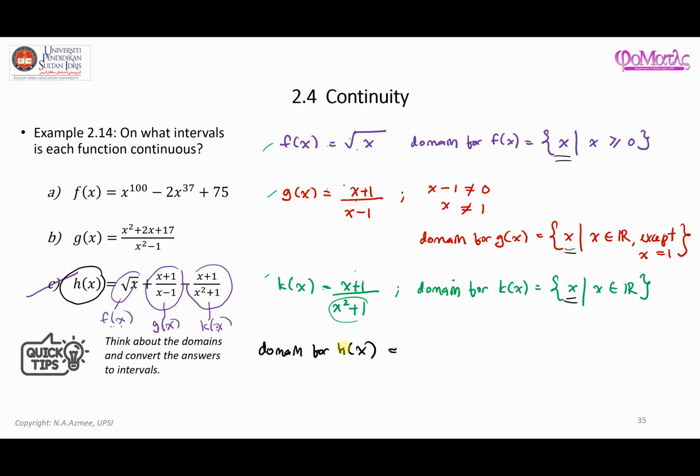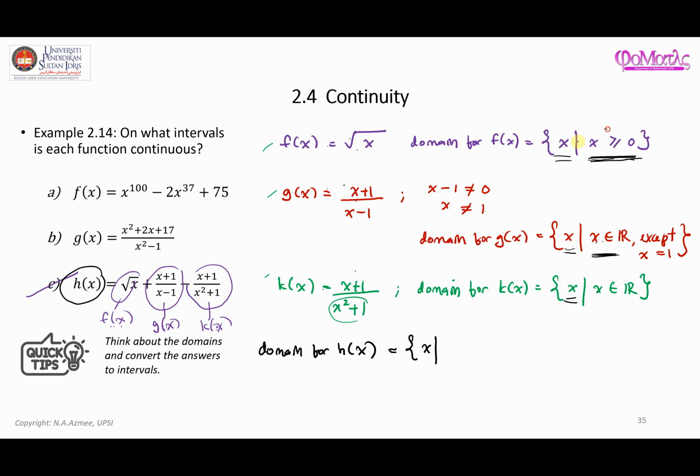Based on these three answers, we can see that x greater than or equal to 0 is tighter than x real numbers.